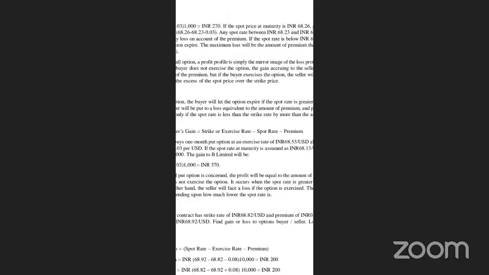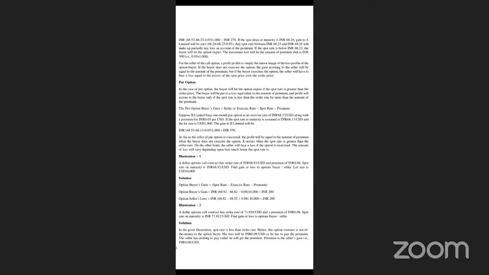If the spot rate at maturity is INR 68.53 per USD, assume the lot size is USD 1000. The gain to A Limited is calculated as (68.53 minus 68.23 minus 0.03) into 1000, the quantity. So here we get INR 270.